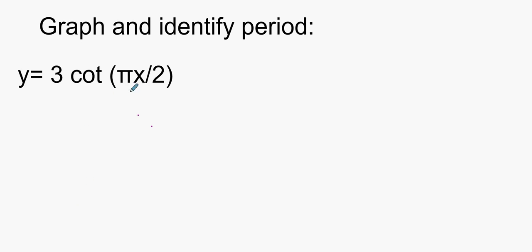Let's go cotangent. Let's identify the period here. Well, cotangent, like tangent, has a period of pi. Now, if you recall from sine and cosine, we know that if you define the new period, that's always equal to whatever the period of the function is, divided by b.